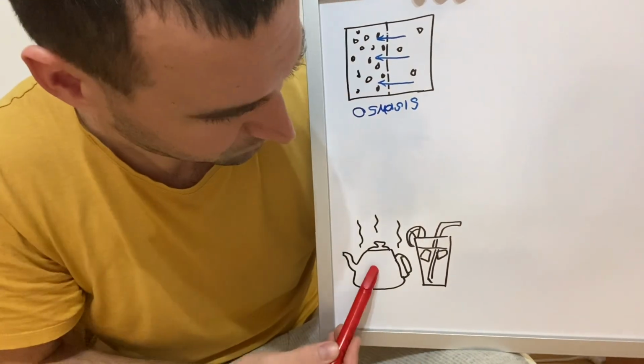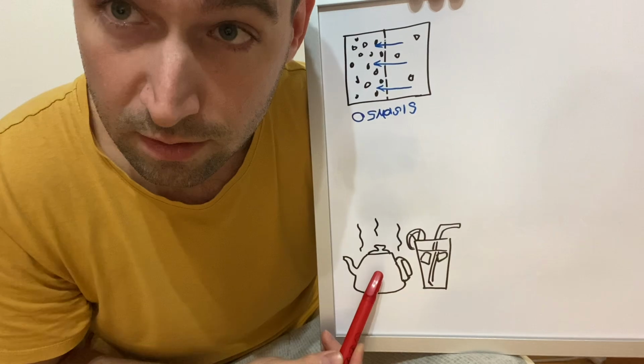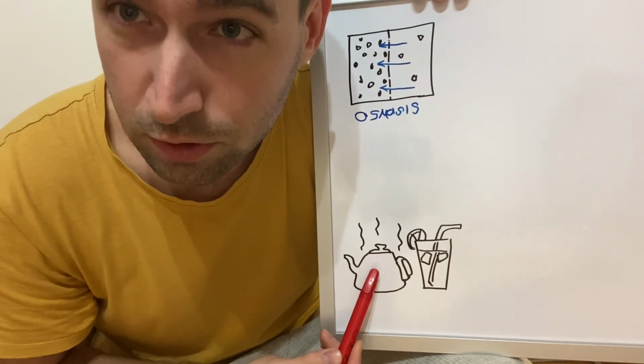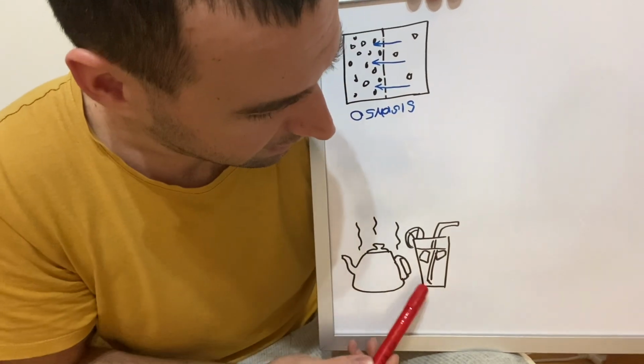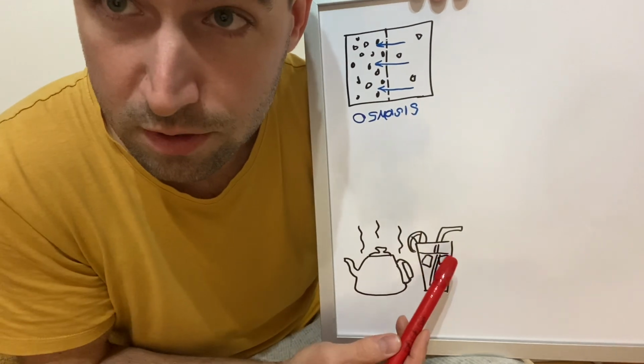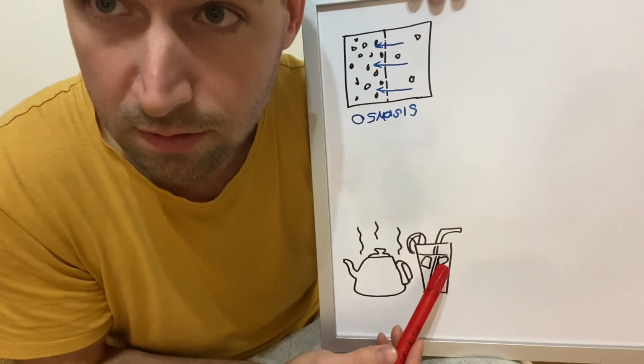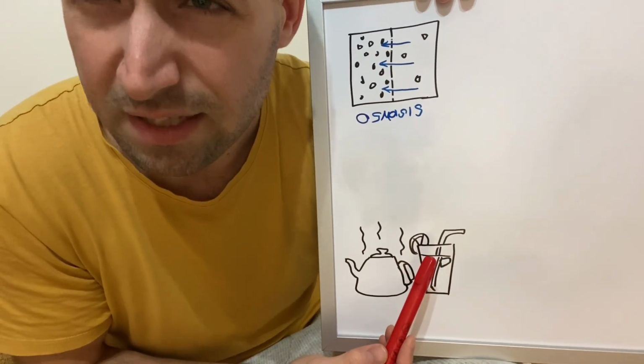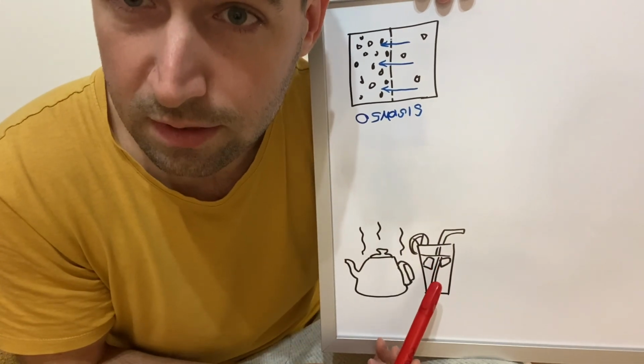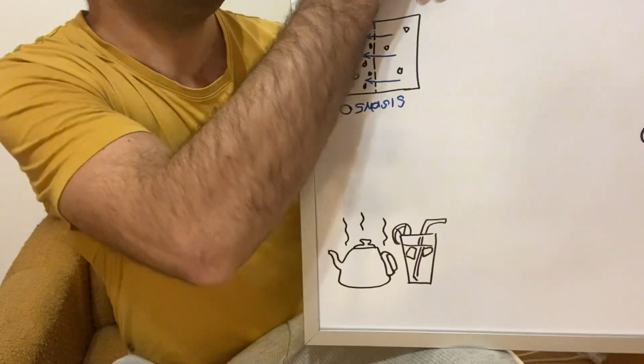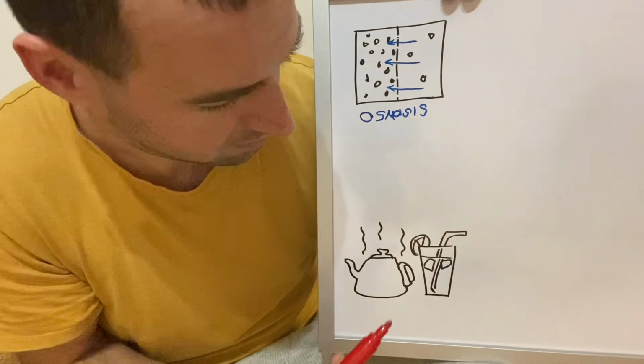What happens? The hot keg of tea will get cold, too cold for a tea, and the lemonade, well, first the ice cubes will melt in the lemonade and then it gets lukewarm. It heats up.